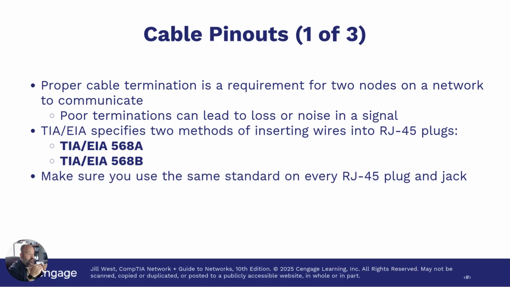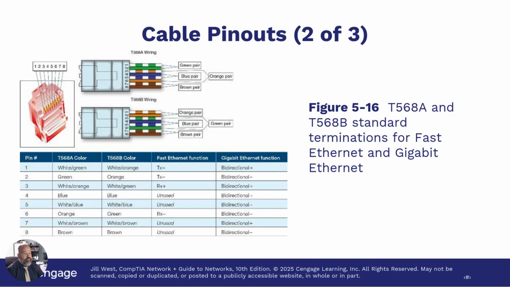So if you want to go with the A method of terminating and inputting your jacks, you can do that, but don't then switch to a B because you're going to have some issues. If you try to mix it, you're going to have problems. It's like starting in English and then converting to Spanish or whatever. It's not going to be very productive.